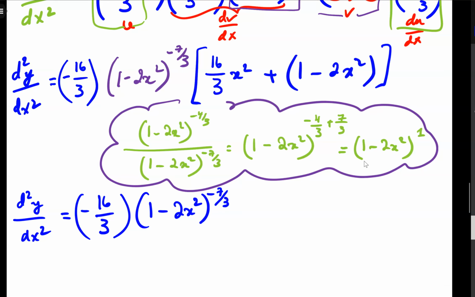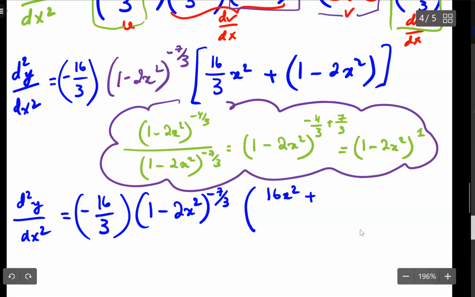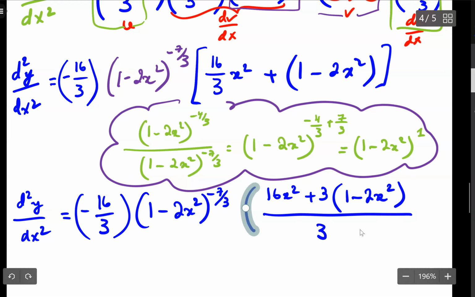Okay, so to take a common denominator of what is inside the bracket, I will have to multiply this binomial by 3. So I will write it down for everyone here. So 16x squared plus 3 times 1 minus 2x squared, the whole thing divided by 3, because I want to take a common denominator of what is inside the bracket.